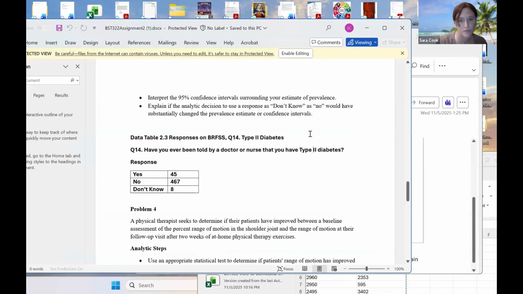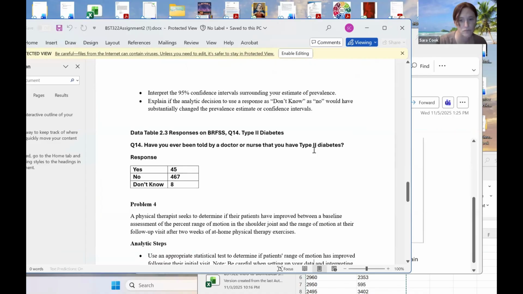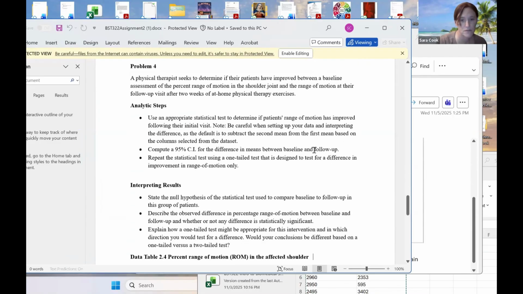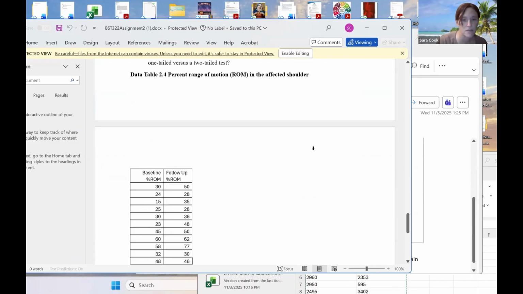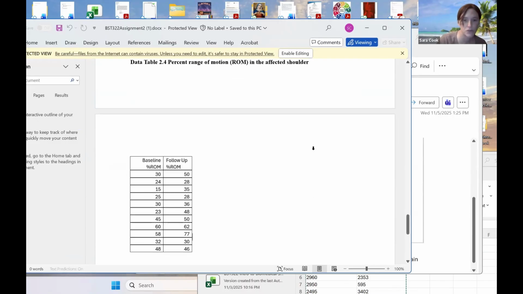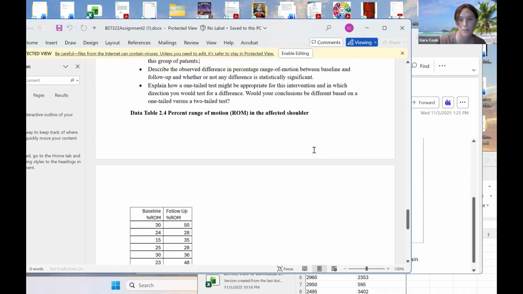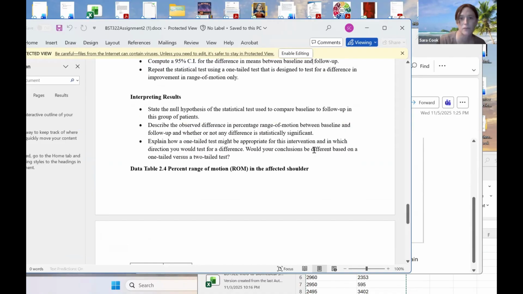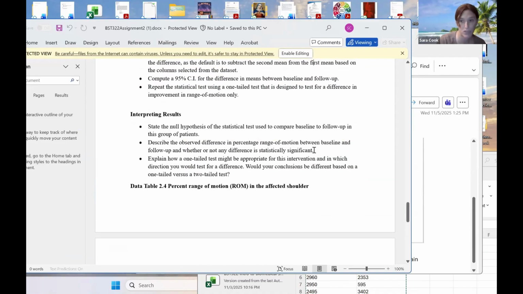Problem four. This is similar to problem two in that we have two observations. I'm sorry, we're doing a t-test, but this one is a little different because these are the same people measured twice. You could think of this as pre-test, post-test, as a study design.